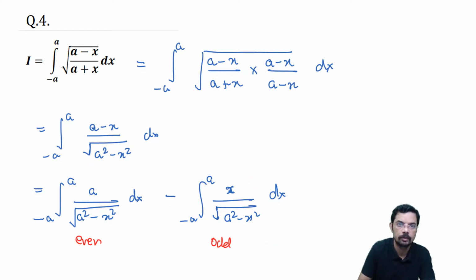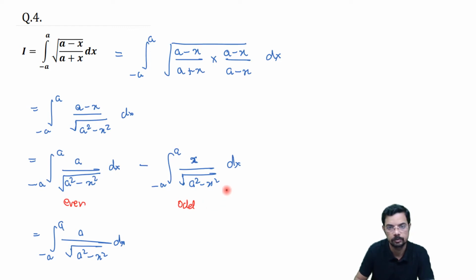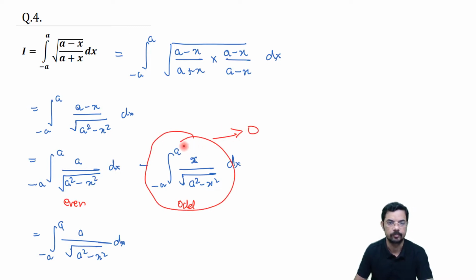So finally, what we have is integral from minus a to a of a by square root of a square minus x square dx, and this part will become 0.